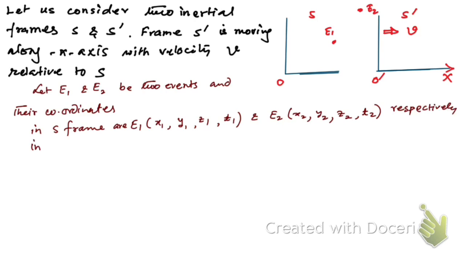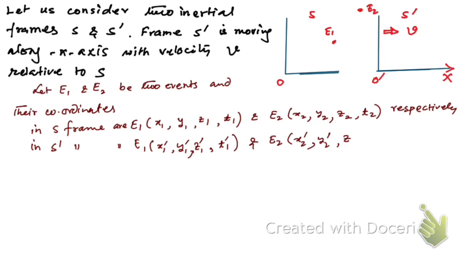And in the frame S dash, the coordinates of E1 are x1 dash, y1 dash, z1 dash and t1 dash, and the coordinates of E2 are x2 dash, y2 dash, z2 dash, t2 dash respectively.